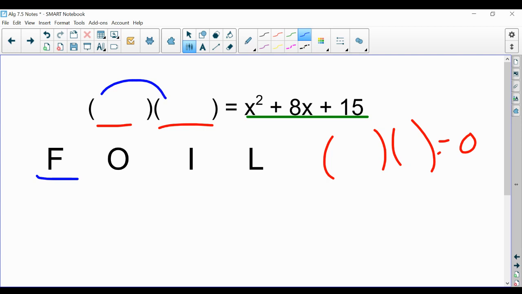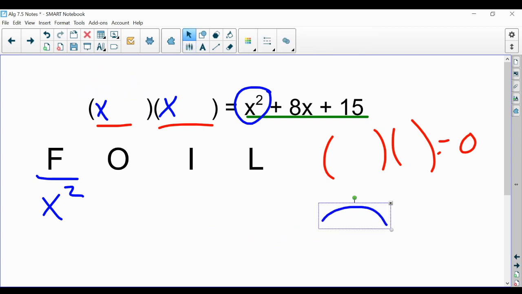Hopefully, we've practiced this enough. We know that if we multiply our two first terms in the past, we've gotten x squared. So what do our two first terms have to be in order to get x squared? Well, the likeliest candidate is x and x. So I'm going to bet that our two first terms are x and x because they multiply together to get x squared.